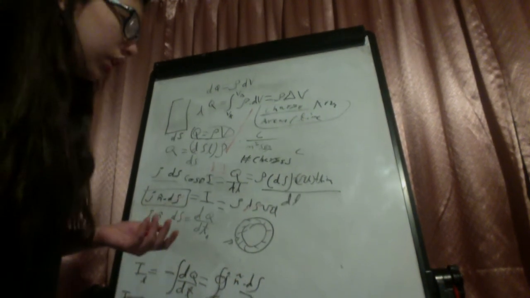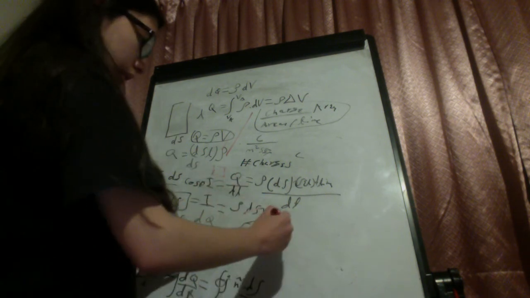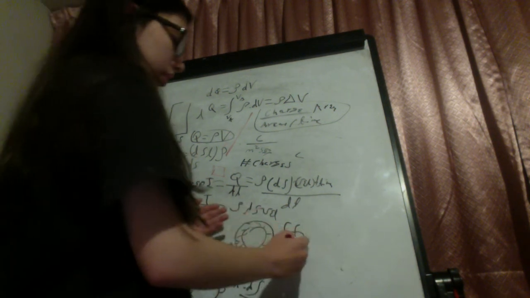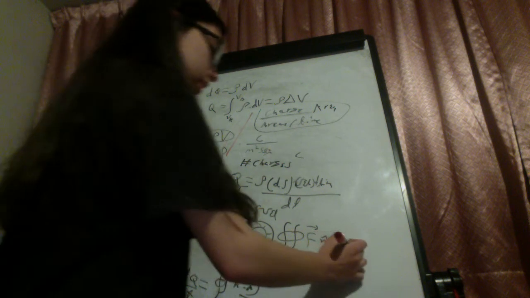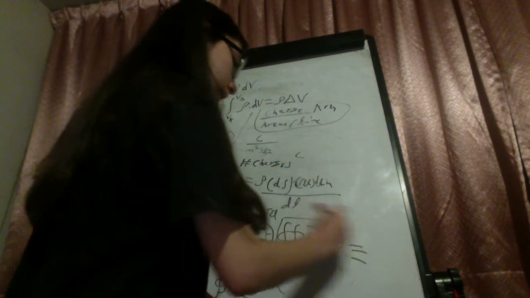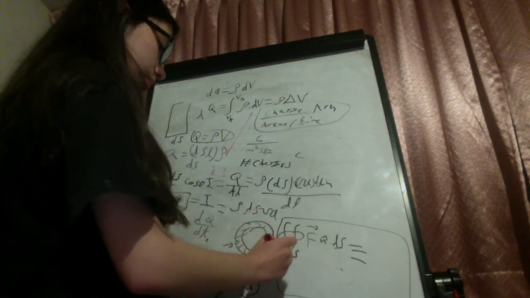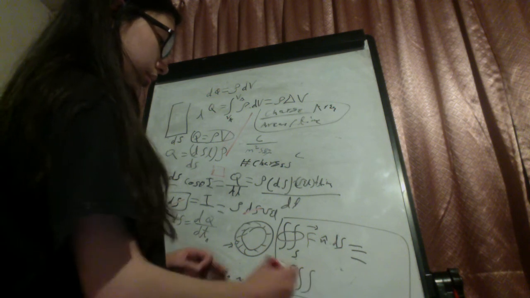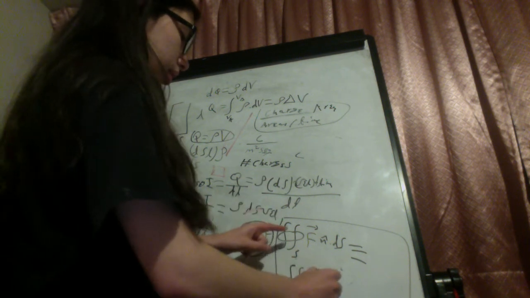Now remember that one of the fundamental theorems in multivariable calculus is that the closed surface integral of some vector, let's say the vector of the force, for example, dot dS, is exactly equal to the volume integral, that is a triple integral, or you can just write one and you put dV, of the divergence of that vector.